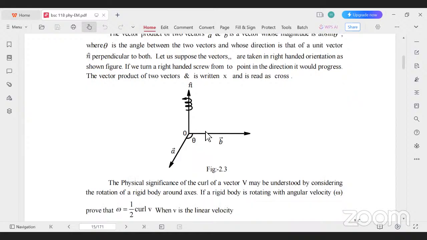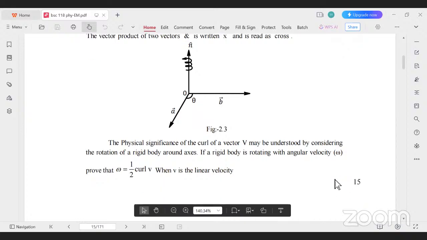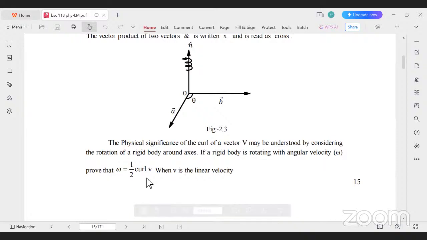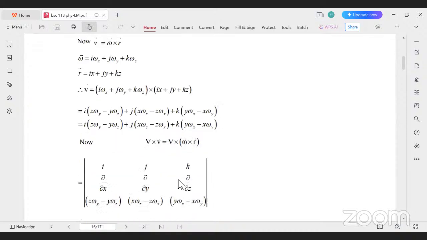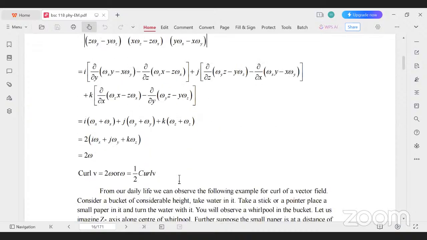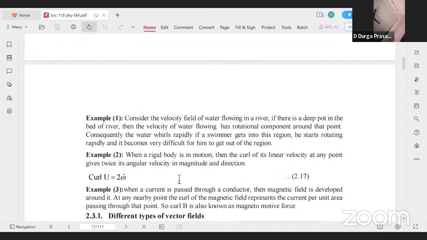If a rigid body is rotating around an axis with angular velocity omega, then omega is equal to 1 by 2 curl of V, where V is the linear velocity. This is the equation for the curl of a vector. Now the examples. Consider the velocity.